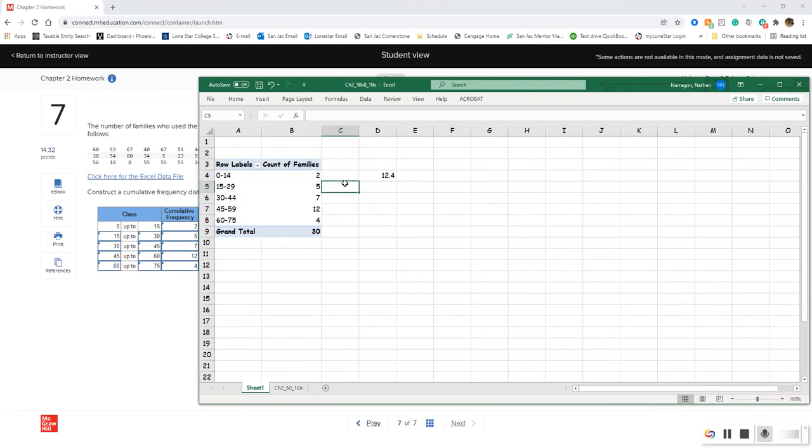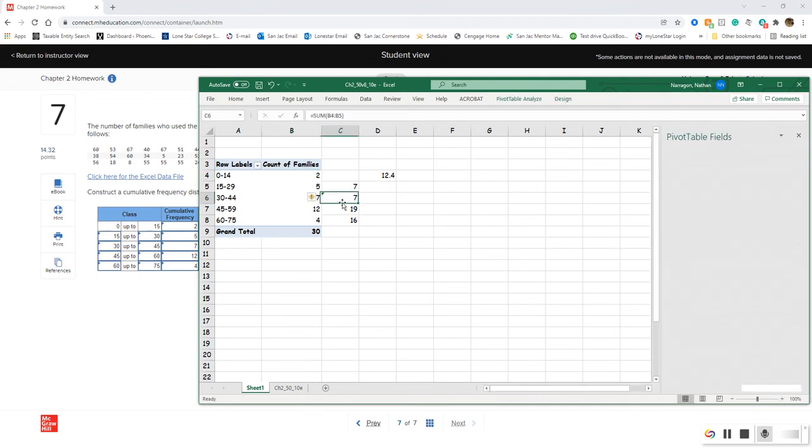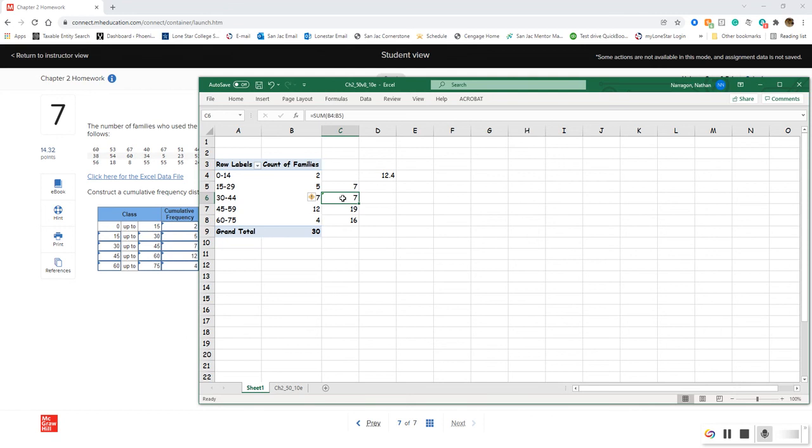Okay. And now we're going to go ahead and add. So this will equal the sum of these two. Let's see if I can just drag down. No, it actually did the 2. So there's another way to do this: equals this plus this.